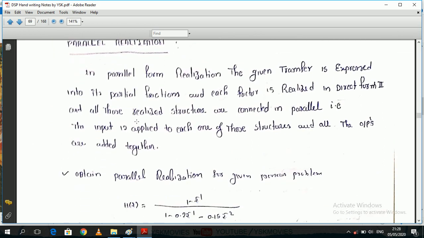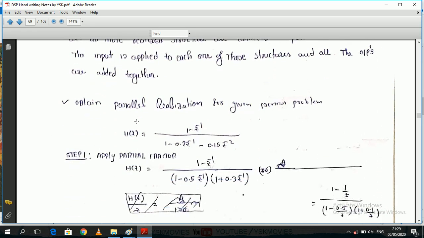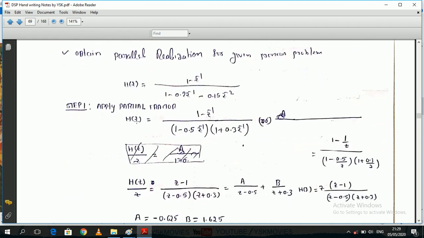Now parallel realization. Parallel realization is nothing but the given transfer function is expressed as parallel functions, and each factor is designed in direct form 2, and all those realized structures are connected in parallel. That means the input is applied to each one of those structures, and all the outputs are added together, obtaining the parallel realization for the given function.